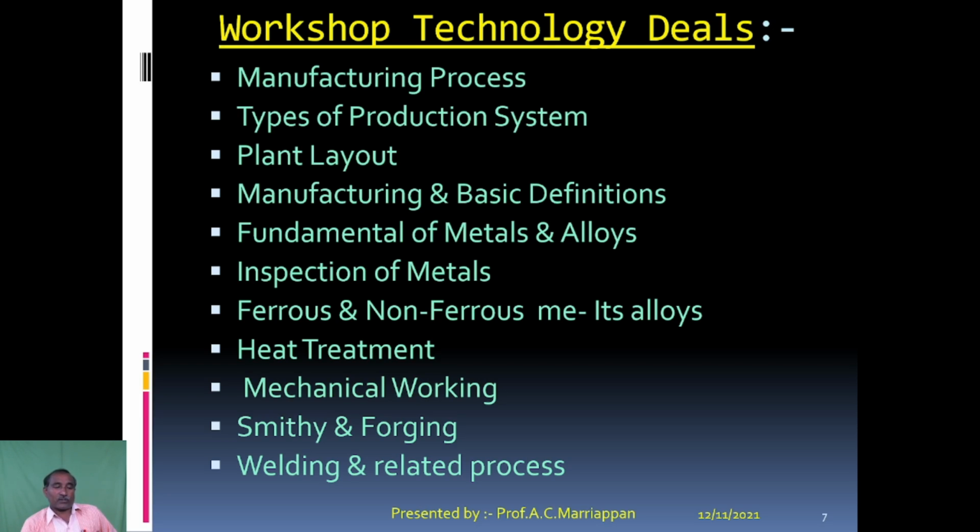In non-destructive testing, the metal will not be destroyed. We have to get the complete details of the metal without destroying the material. That is applicable as real-time inspection in industry, that is non-destructive testing.